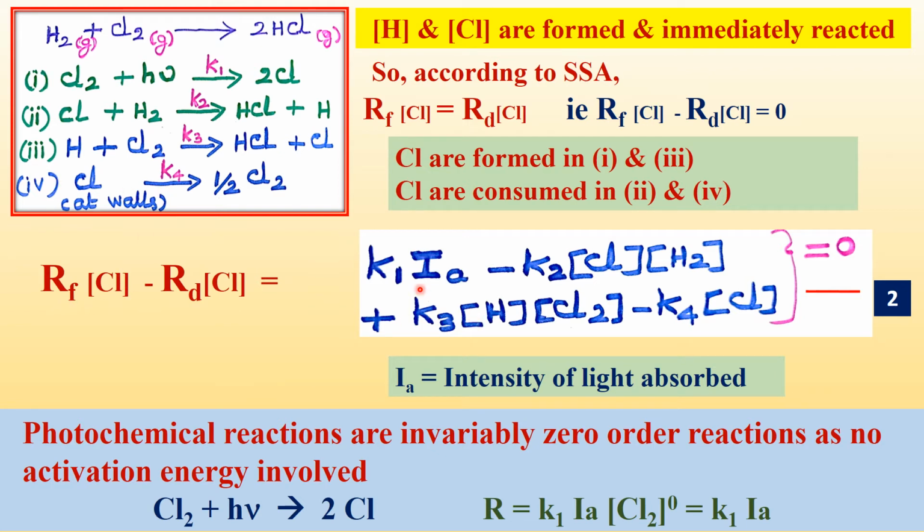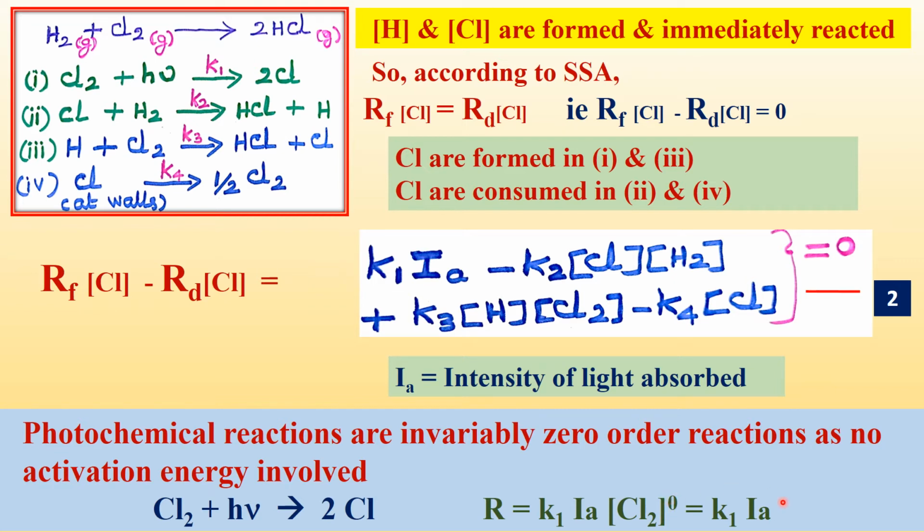Rate of formation means plus, rate of decomposition means minus. In the first step, the rate is k1 I_A, where I_A is the intensity of light absorbed, times [Cl2] to the power 0.